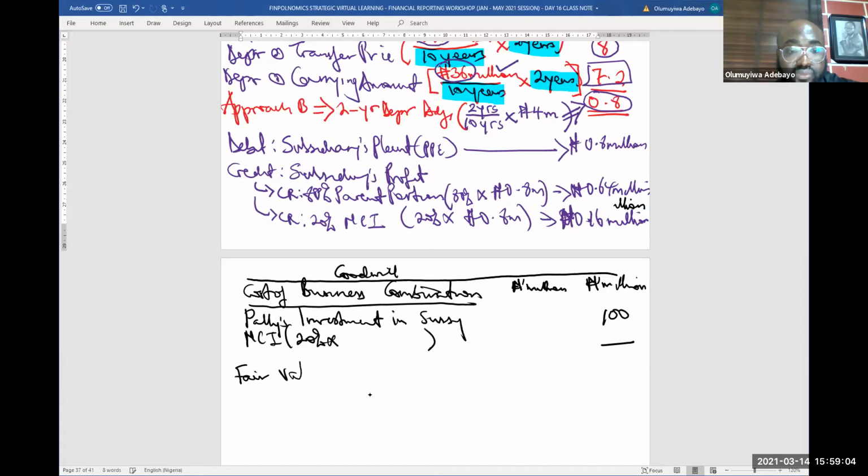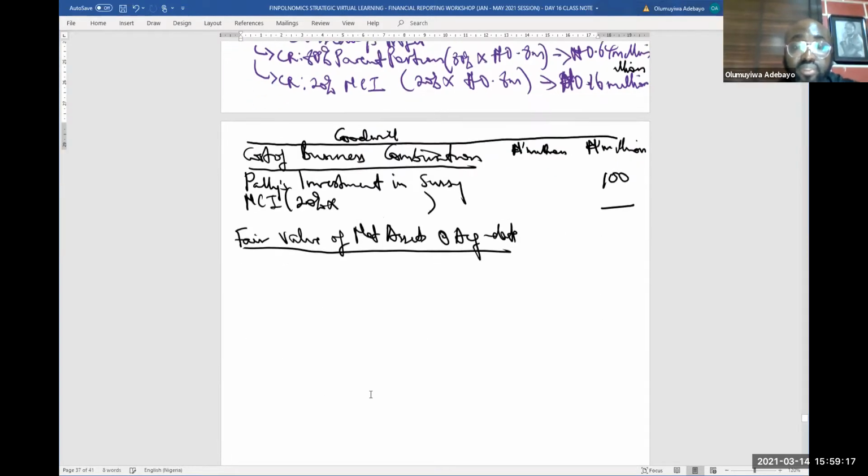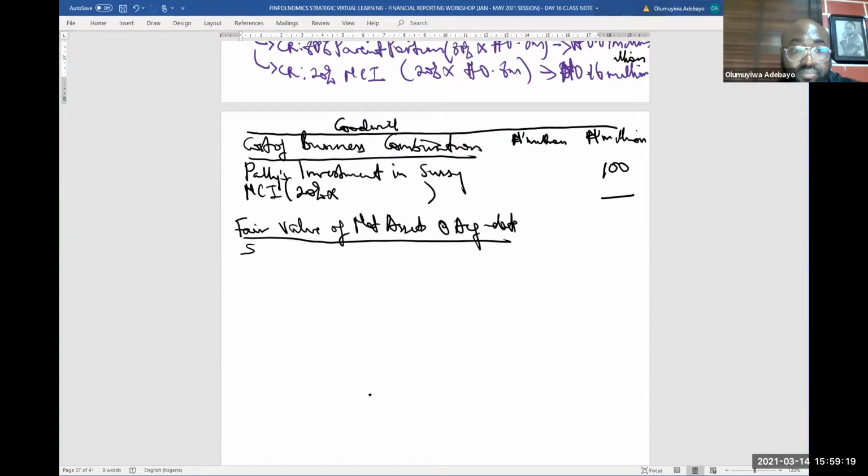And we measure the net asset at fair value as at the acquisition date. Share capital and pre-acquisition reserves.